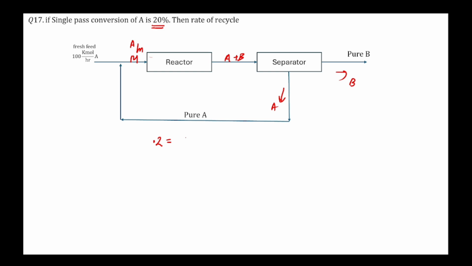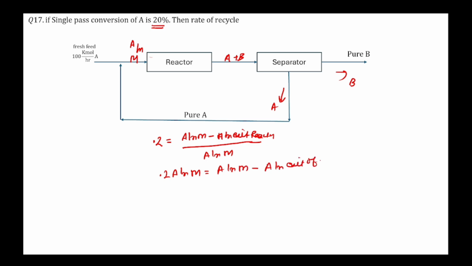is equal to A in M minus A in exit of reactor upon A in M. So 0.2 A in M is equal to A in M minus A in exit of reactor.